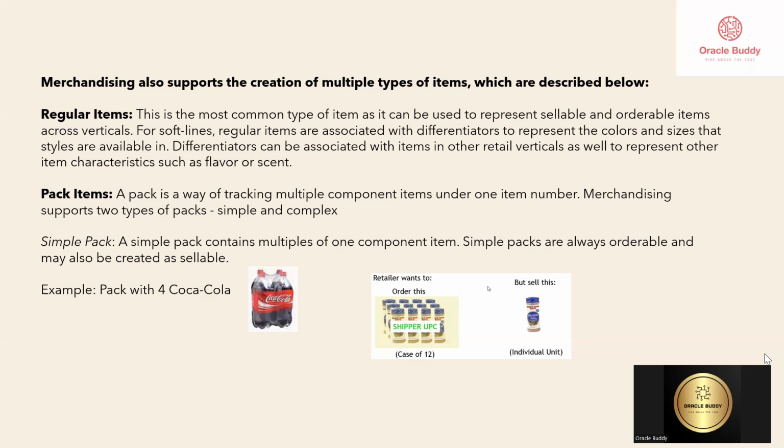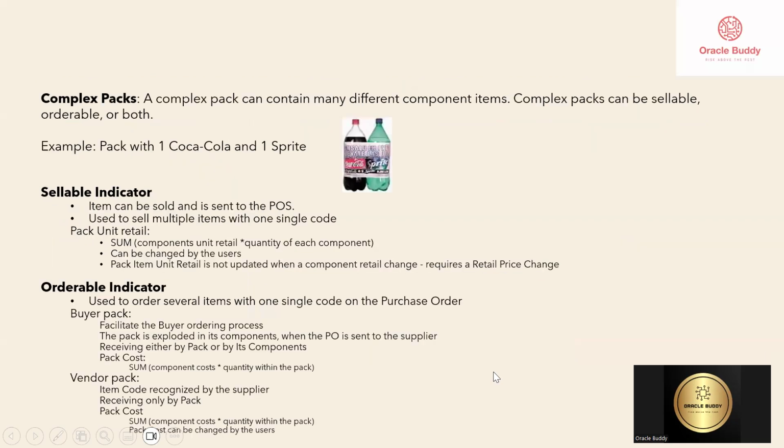If a retailer wants to break the case of the pack item and sell the units, they can also do that if the sellable indicator is on. And suppose a retailer wants to order it as a shipper, like 12 cases of a unit, and they want to sell it as one, they can also do that.